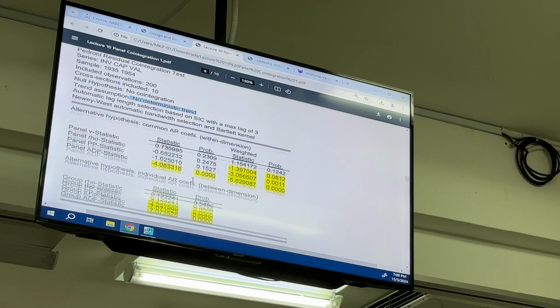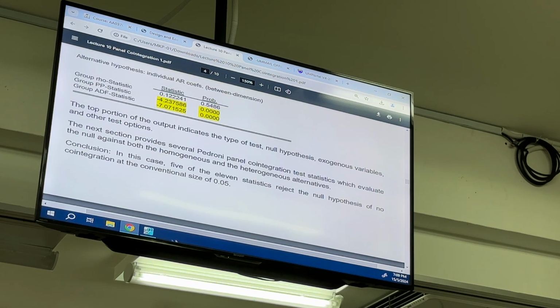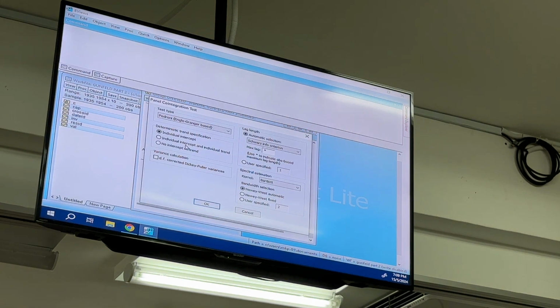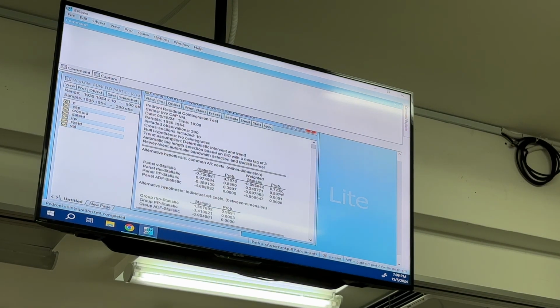So now, that's the first test. How about another test? See whether there is a correlation in the long run with the intercept and also trend or not. You can go to the correlation test and then choose the intercept and trend. Click OK. Again, similar to our previous result, still 50%.